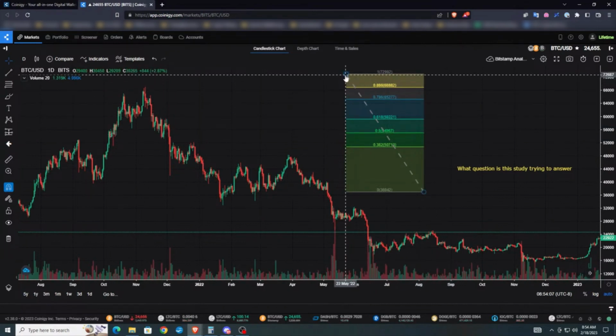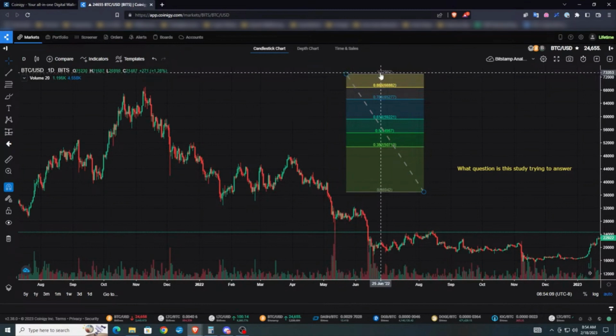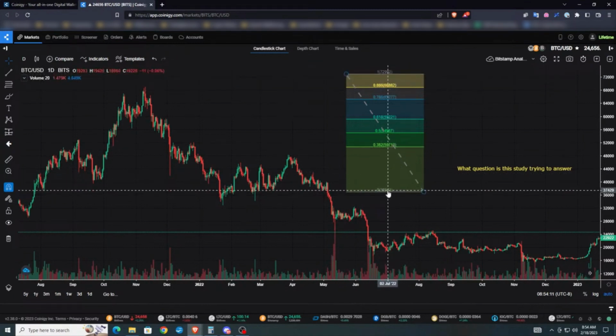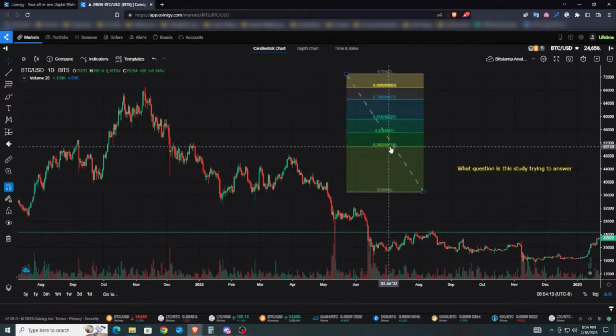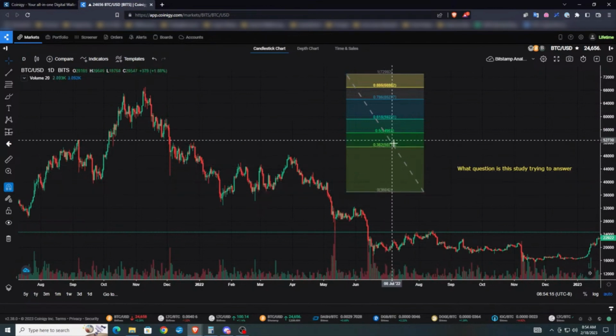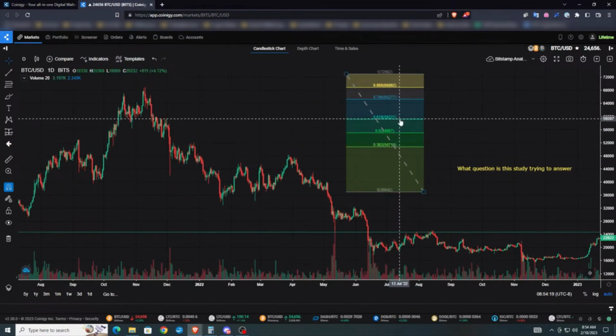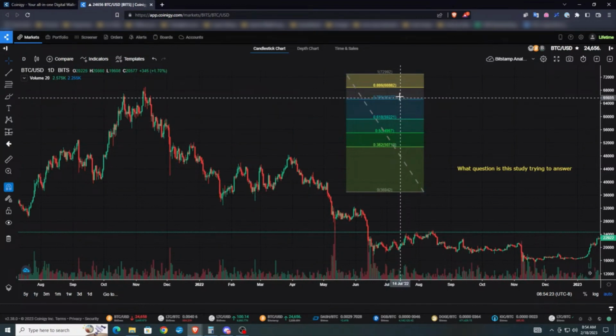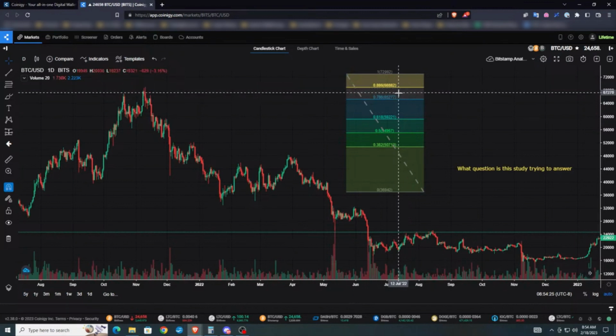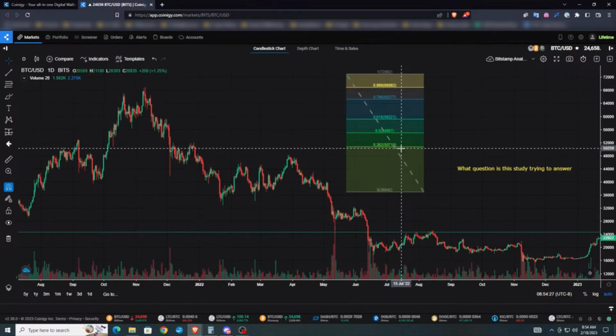The top of this particular range is 100%. The bottom is 0. And you notice 0.382, that's 38.2% of the range. 61.8, 78.6, and 88.6. These are sort of my favorite Fibonacci retracement levels.